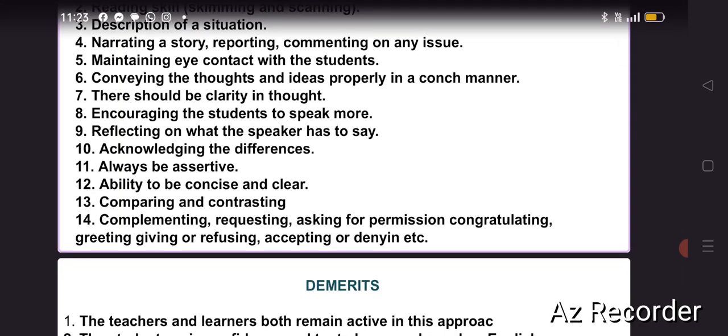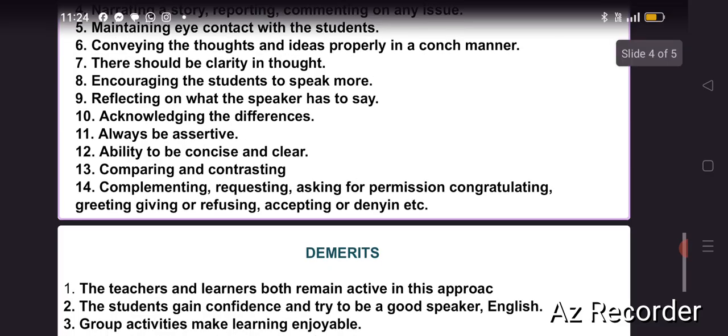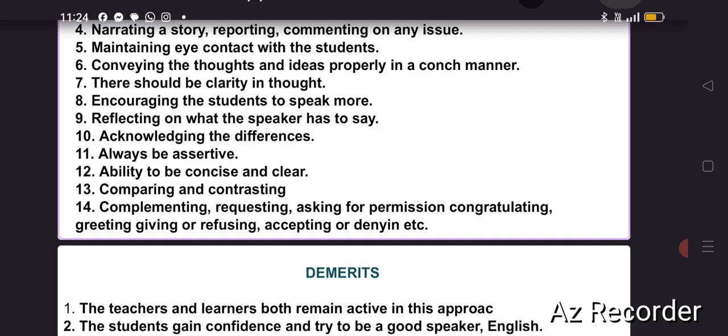Okay, next, complaining, requesting, asking for permission, congratulating, greeting, giving or refusing, expecting. म्हणजे आपल्याला एखाद्याला कॉम्प्लिमेंट देणं, विद्यार्थ्यांना ह्या सवयी आपण लावणं गरजेचं आहे. जर कम्युनिकेशन स्किल डेव्हलप करायचं असेल तर शुभेच्छा देणं, रिक्वेस्ट, can I give this pen please.